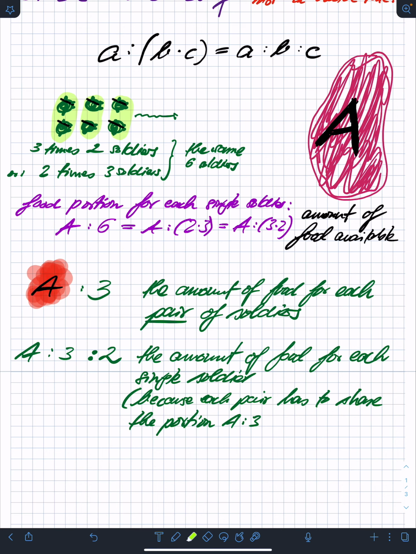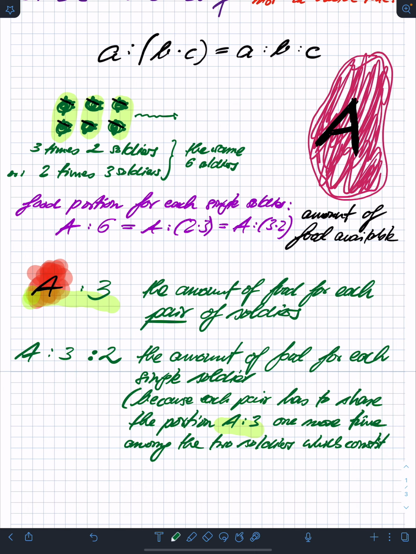That portion has to be shared one more time among the 2 soldiers who constitute the pair of soldiers. A lot of text here.